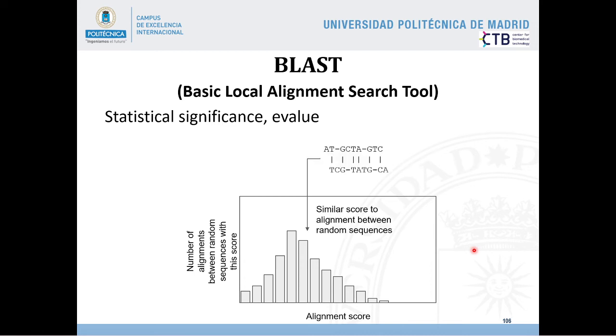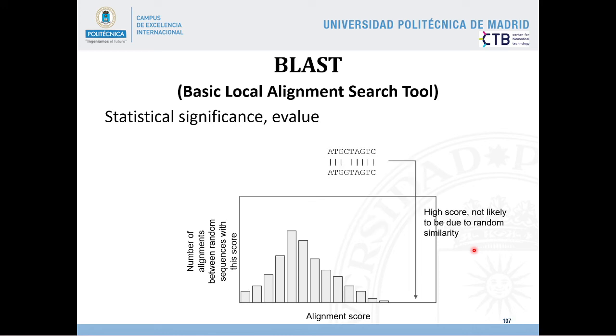And once we have this, we see where the similarity score of alignments between random sequences stops, so to say, and we only keep those with, for example, a score higher than 0.05 that are not likely to be due to random similarity, what we call, for example, a p-value.